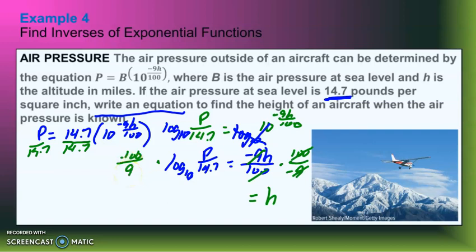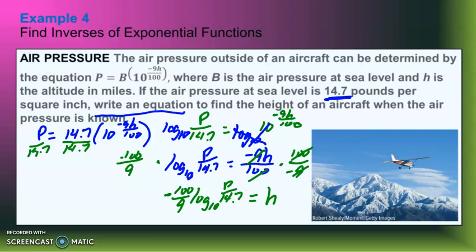So my final answer to get h by itself would be negative 100 over 9 times log base 10 of P over 14.7. And then from there, if you know what the air pressure outside the aircraft would be, you could plug a number in there and use the functions given there to find the height of the aircraft.